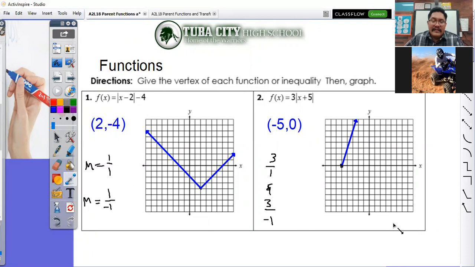To graph this, all we have to do is match the slope in the other direction. So instead of up 3 over 1, go up 3, back 1, up 3, back 1, up 3, back 1, and there you go. That was it. Just reverse the slope.